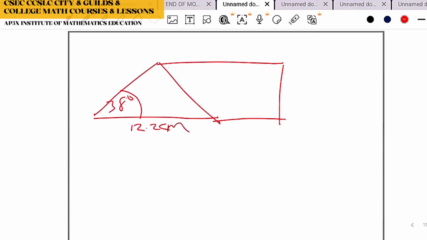Let us call this side 7.1 centimeter. Let us say that this is 3.7 centimeter. In fact, let us call all of this side 12.